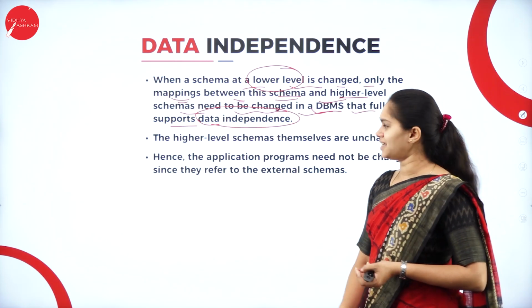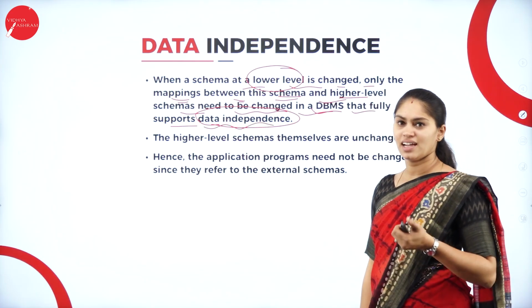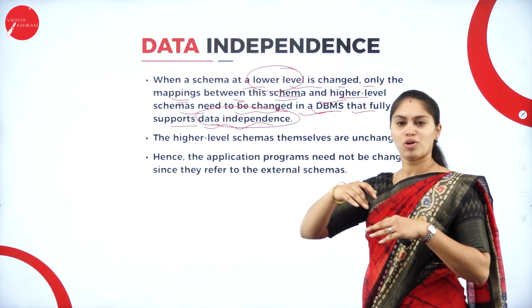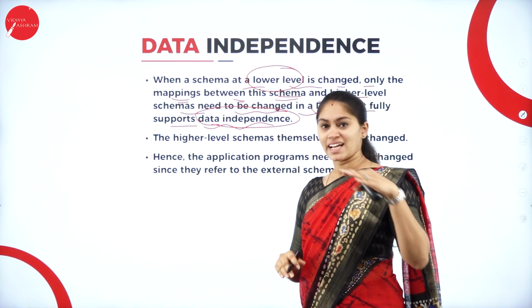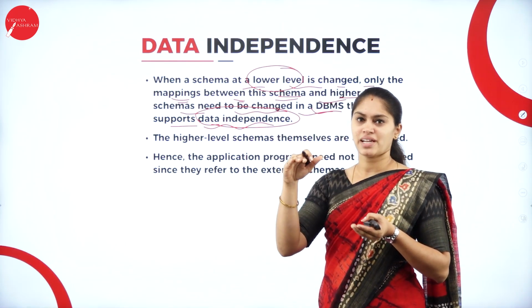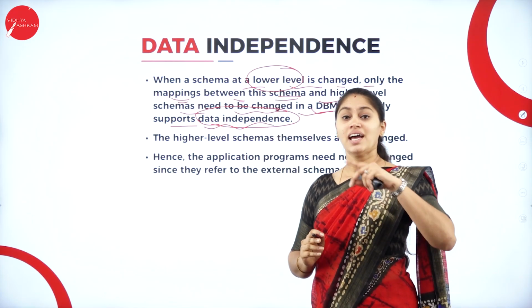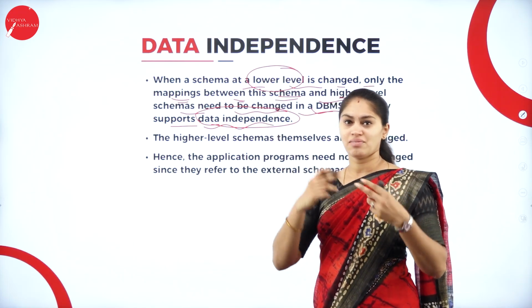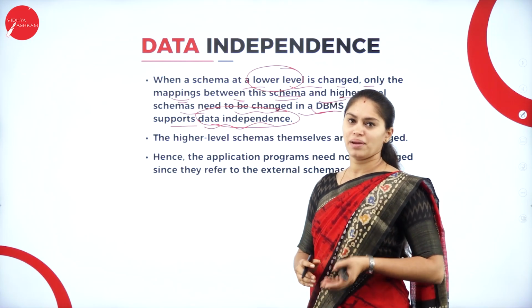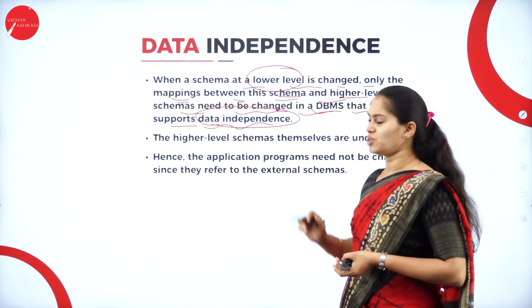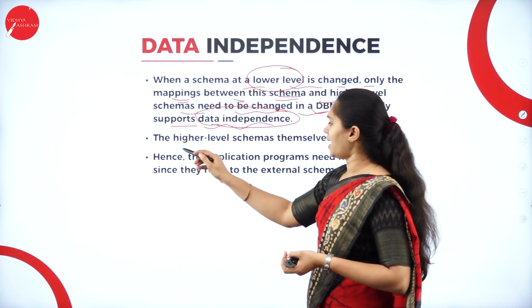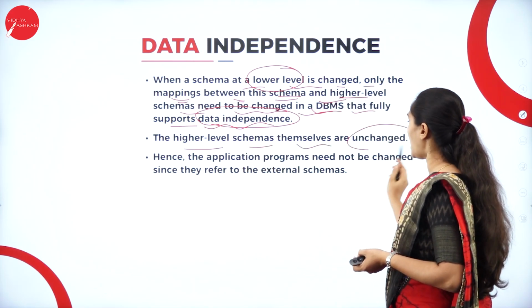Then only can we say that it supports data independence. We can't do any modification at the external level, because that is the highest abstraction. I don't have any further level above the external level, so I can't have any mapping, and without mapping it is impossible to do data independence, so that the higher level schemas themselves are unchanged.